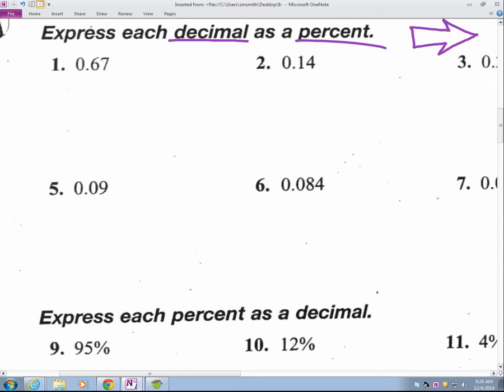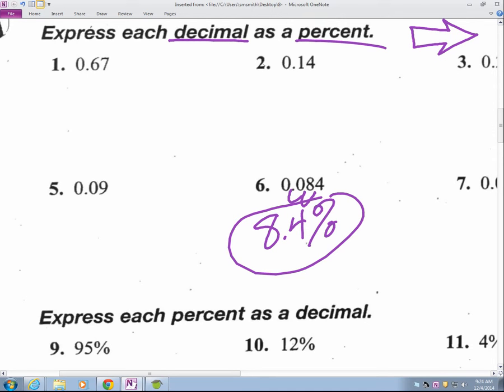Twice. So I'm going to go from here for number 6, 1, 2. So what does that leave me with? 8.4. And am I done? What do I have to do? Percent. 8.4%. I'm going to circle that.